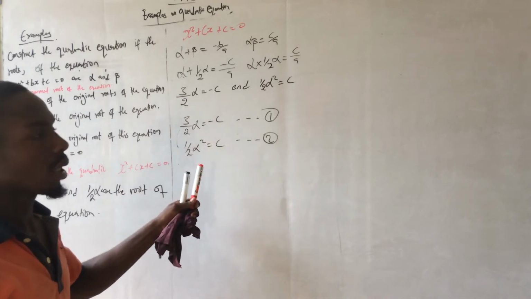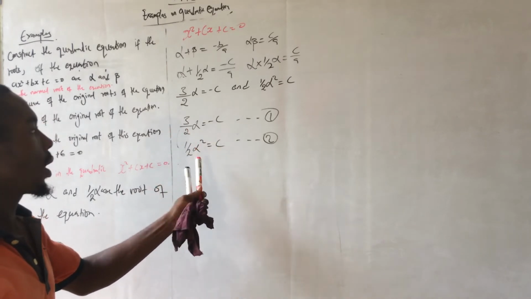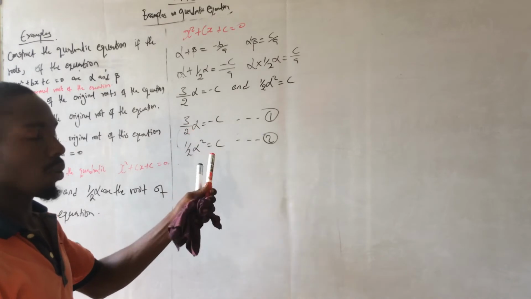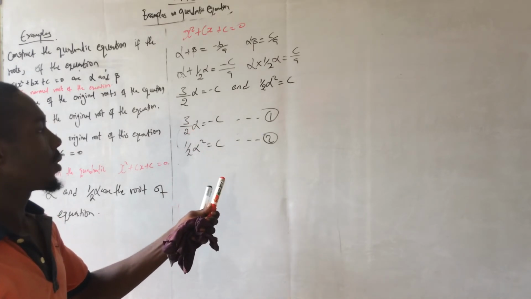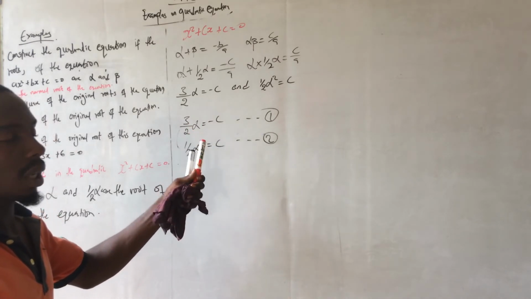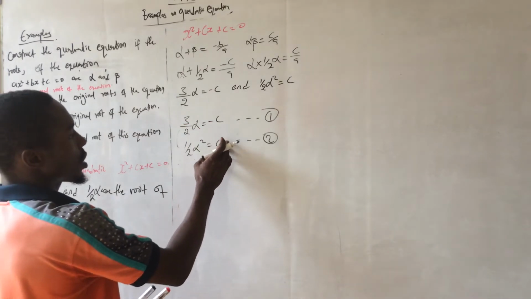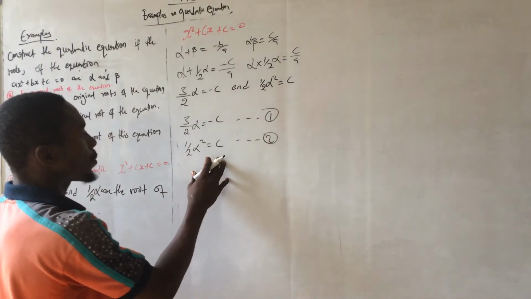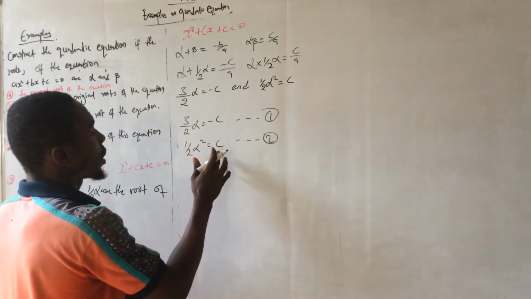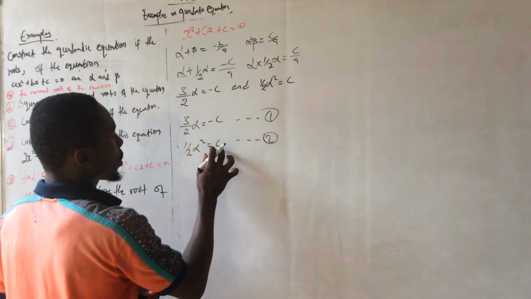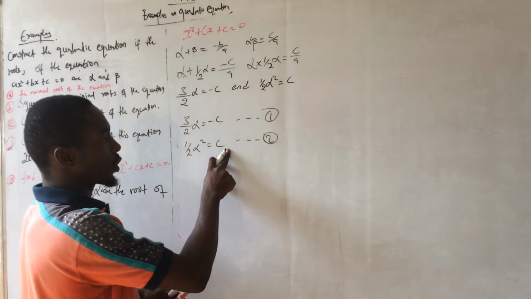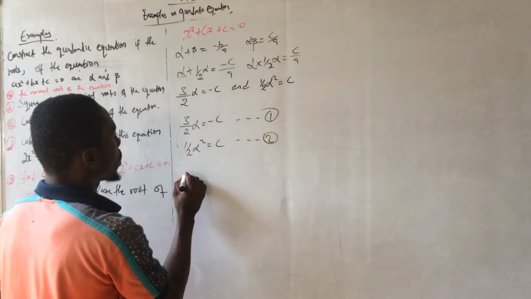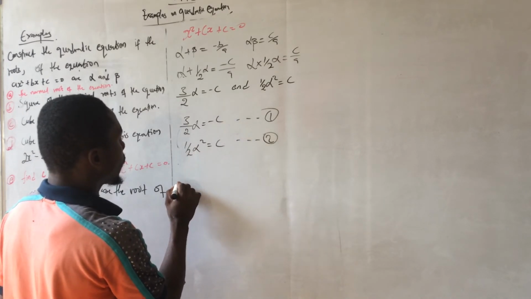You can solve this using two methods. From 3 over 2 alpha, you can make alpha the subject of the formula, evaluate it in equation 2, and carry out everything, or you make c the subject of the formula. So here now, c is already the subject of the formula in equation 1, so I'll put it in equation 2.